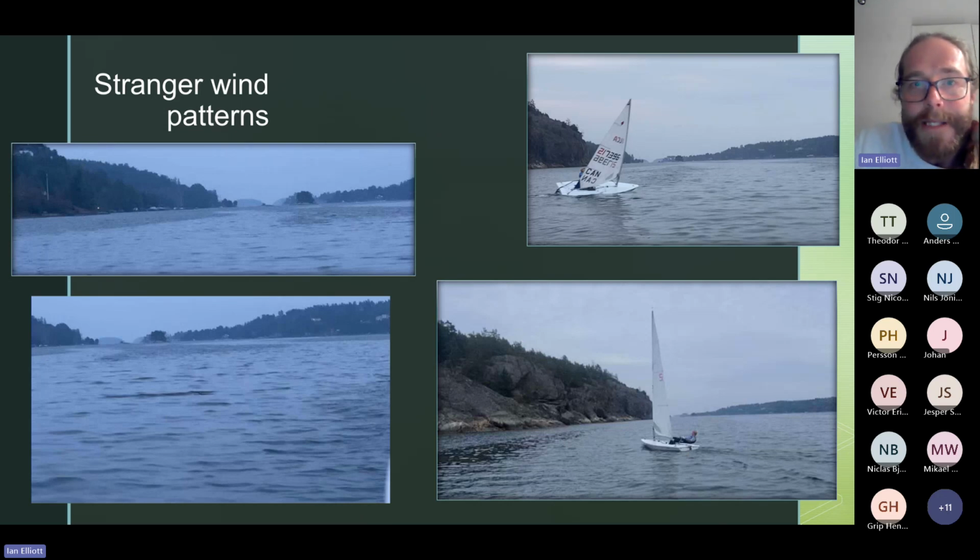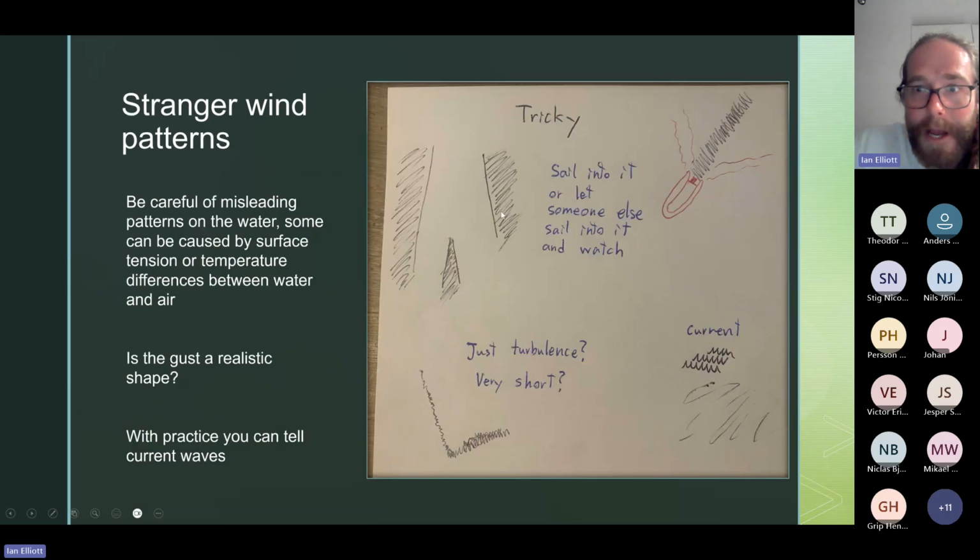Another example of something similar is sometimes you get glassy water. It looks like it's totally calm, but there's just a bubble of still air. Then a motorboat drives along the lake, and behind the motorboat you get a gust of wind. Well, that's not the motorboat creating a gust of wind.